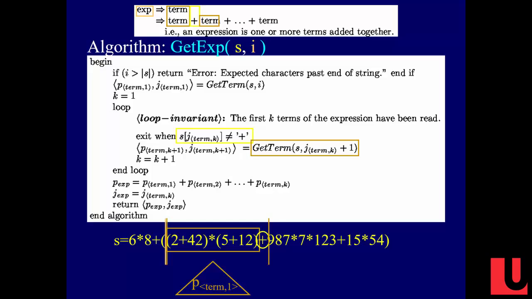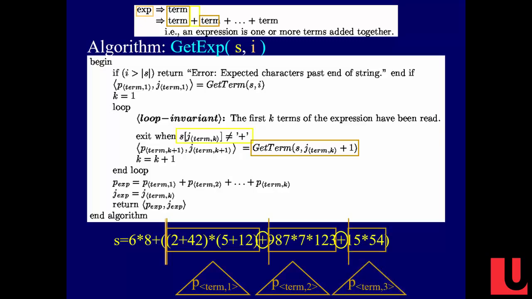We call get term past the plus, and what does it give us? It gives us the next term, and it tells us where that term is over. Right here is the j for the next term, and we ask, is that j a plus? And it is. So we call one past it, and we get the next term.